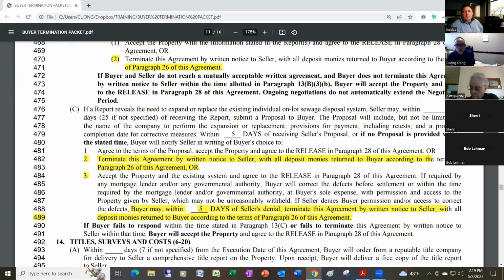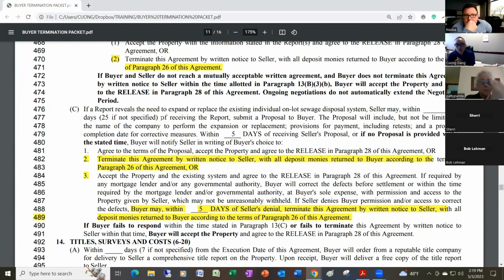Okay, so if a report, and I'm reading paragraph C, if a report reveals the need to expand or replace the existing individual on-lot sewage disposal system, seller may within blank days, 25 if not specified, so it's carrying it out quite a ways, right? I mean, 25 is a long time.